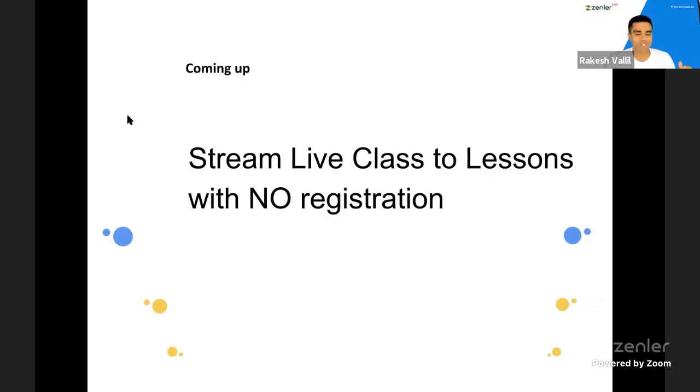A lot of people did not want to have to send each and every live class to students and then make them click the book my spot button and so on. So here you're going to live stream your live class into your lesson, which has the live class type. Isn't that super cool? Going to be super cool. There's no registration.